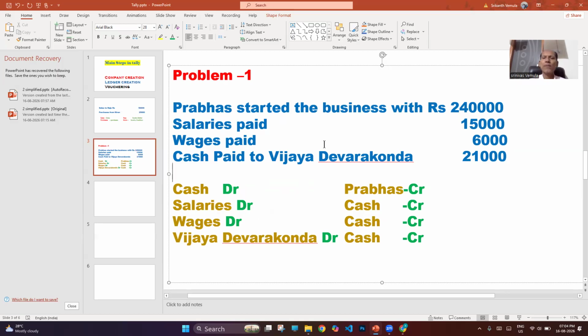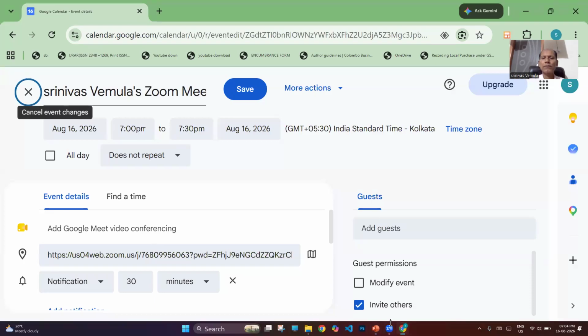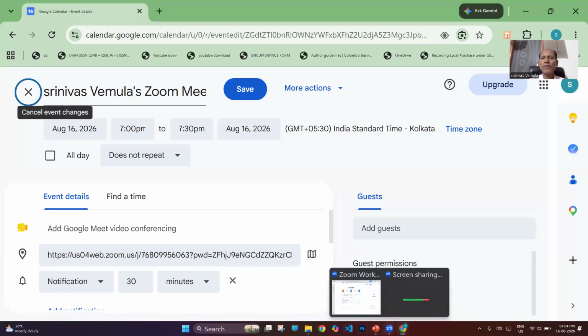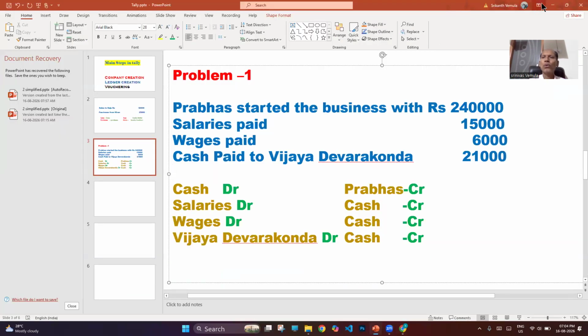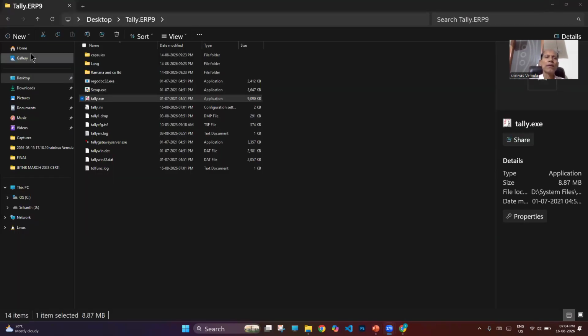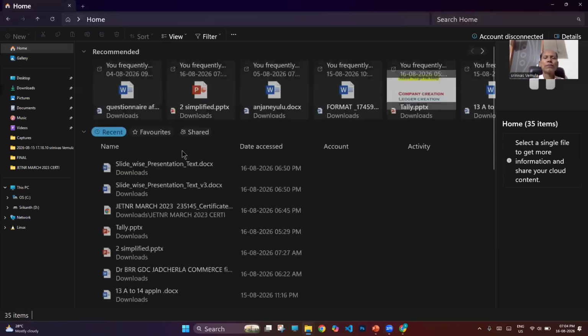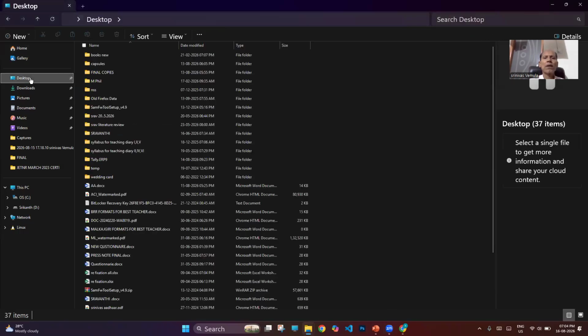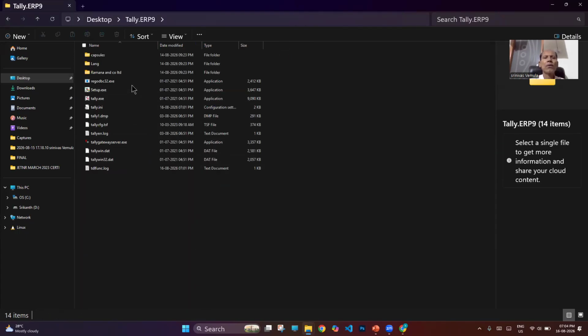So now let us jump into Tally ERP9 and create the company of Prabhas. And then we have to create the ledgers. We have to go to home, desktop, Tally ERP9.